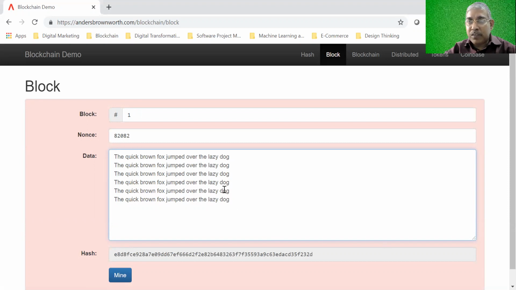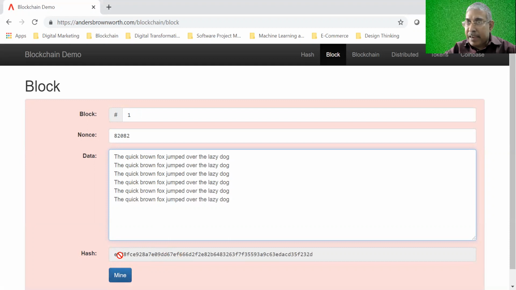Irrespective of the size of the data, I can go on writing any length of data, any type of data, whether in the form of text, a table, an image, or a video, it will always generate a hash of the same size.